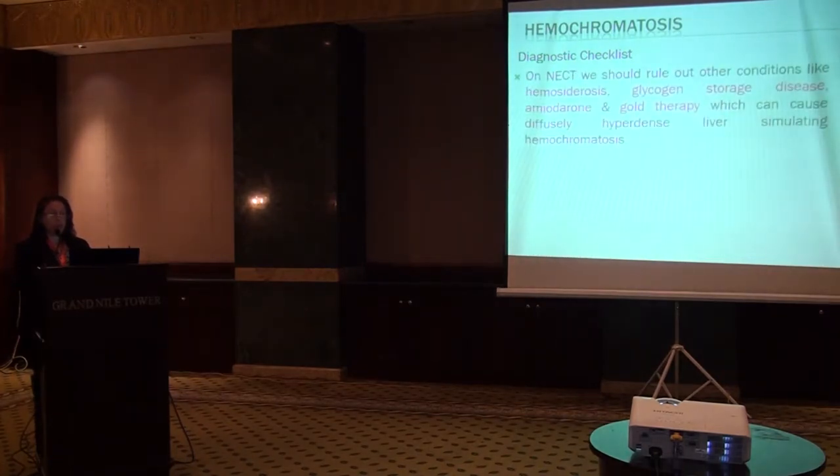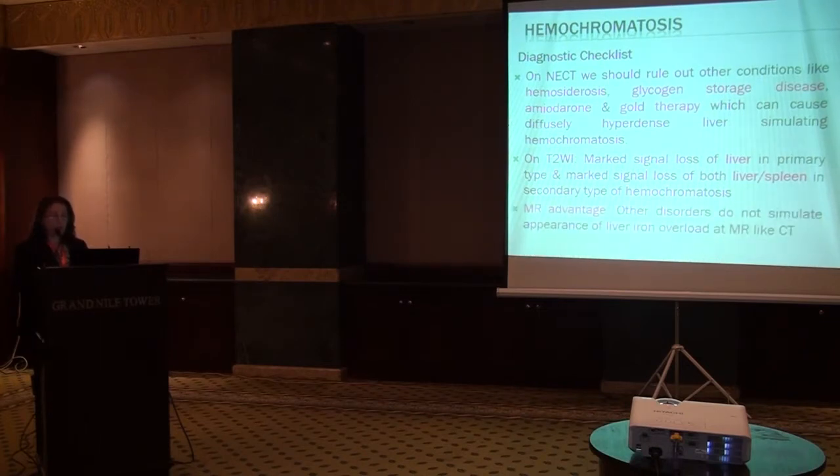So the diagnostic checklist for hemochromatosis: in non-enhanced CT, if we find a very dense liver, we should suspect hemosiderosis, glycogen storage disease, amiodarone or gold therapy, while on MRI, if we find markedly hypointense signal loss in the liver and spleen, this is diagnostic for secondary hemochromatosis.